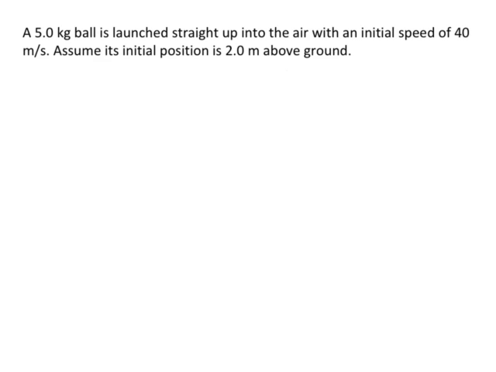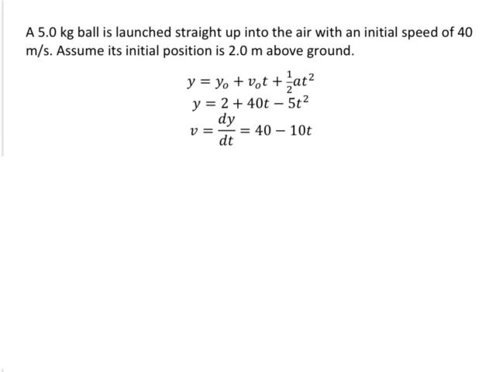So let's go ahead and take a look at some of the formulas that we would generally use. If something is being launched up in the air, its position is going to be described by the function y equals y sub o plus v sub o t and so forth. For our particular situation, we're starting at an initial position of 2.